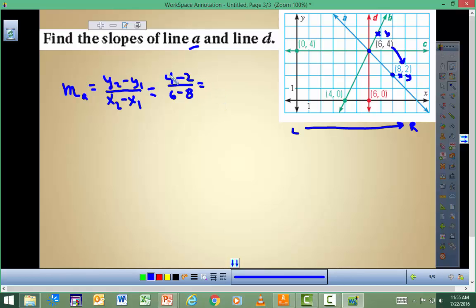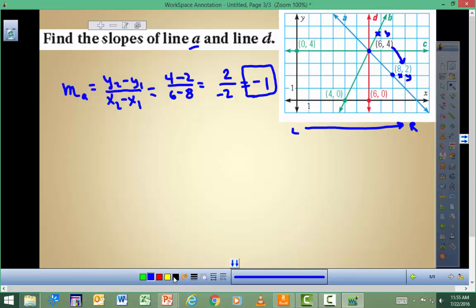If we take 4 minus 2, we get 2. We divide that by negative 2, and that equals negative 1. That matches our intuition: it has to be a negative slope, and it is, so that's good.